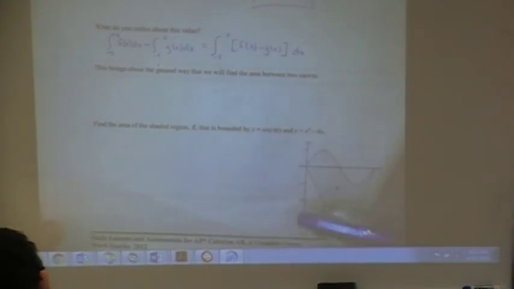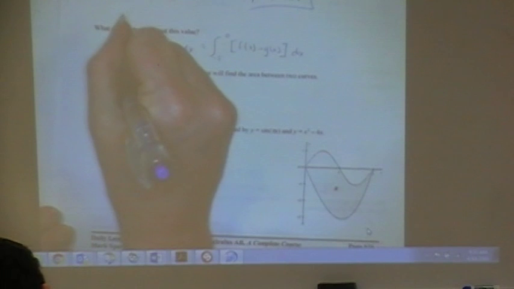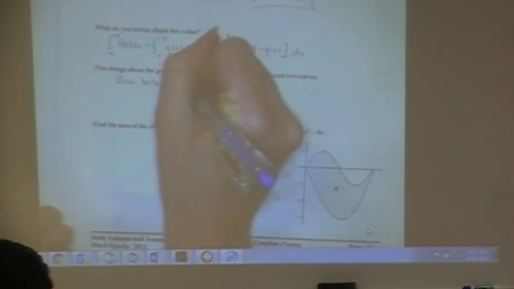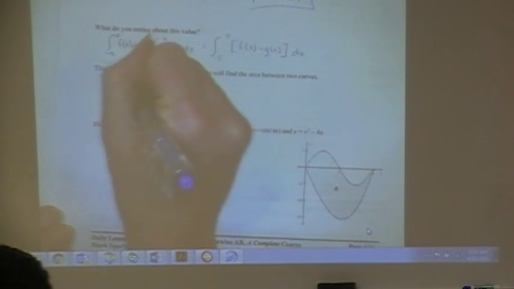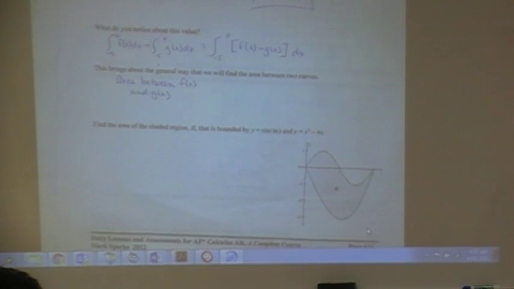Okay, so this brings about the general way that we will find the area between two curves. So, the area between f of x and g of x, I think I'm going to make that bigger.